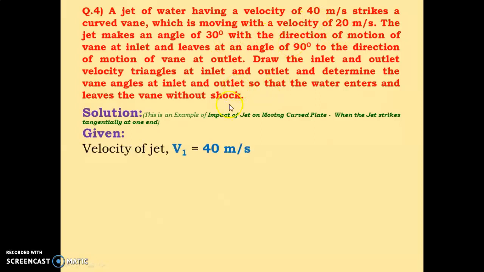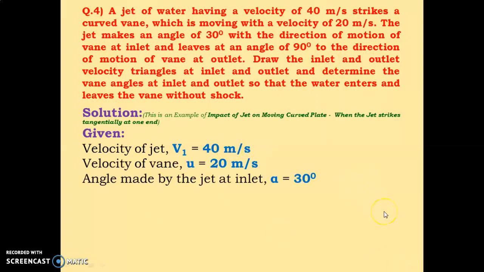This is the velocity of the jet at the inlet, which is V1. It is 40 meter per second. The curved vane is traveling with a velocity of 20 meter per second. U is 20 meter per second. Okay. Next, angle made by the jet at inlet, alpha, is 30 degrees.